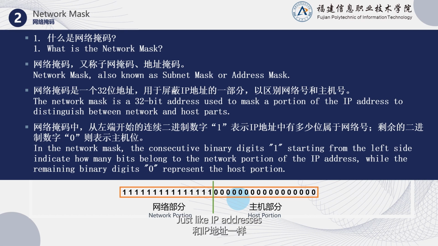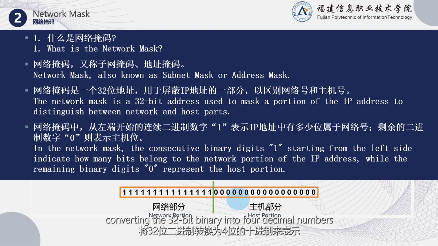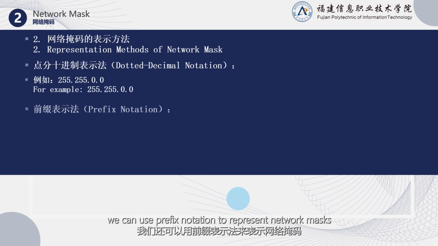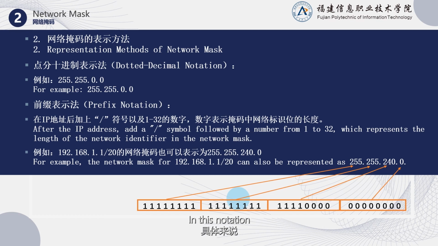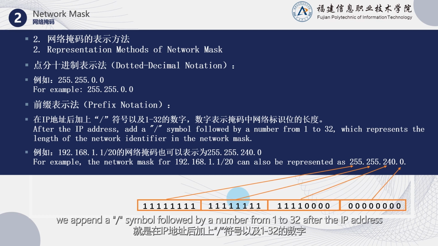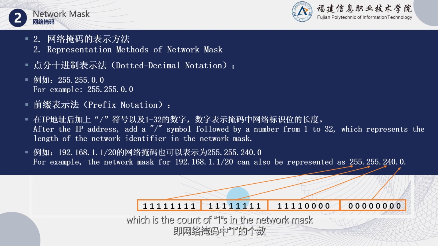Just like IP addresses, we usually represent network masks in dotted decimal notation, converting the 32-bit binary into 4 decimal numbers. Additionally, we can use prefix notation to represent network masks. In this notation, we append a slash followed by a number from 1 to 32 after the IP address. This number represents the length of the network identifier in the network mask, which is the count of 1s in the network mask.